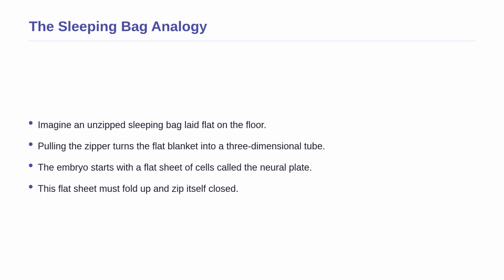In the very early stages of human life, your body does something incredibly similar. The embryo starts with a flat sheet of cells called the neural plate, which is completely open and exposed. To create the complex central nervous system, this flat sheet must fold up and zip itself closed.